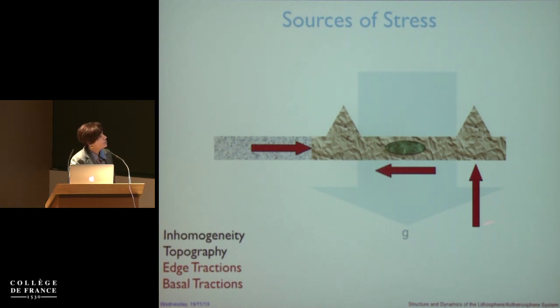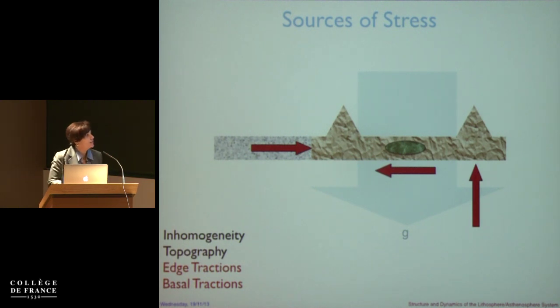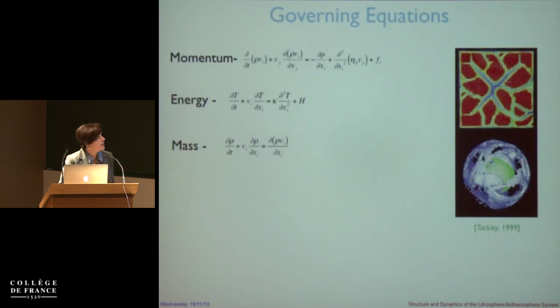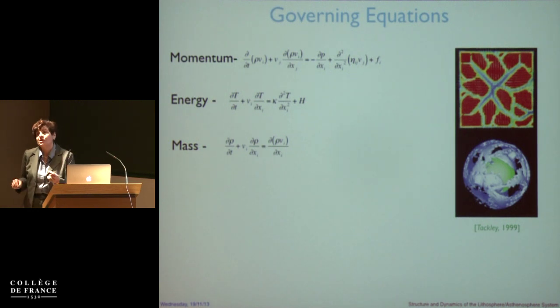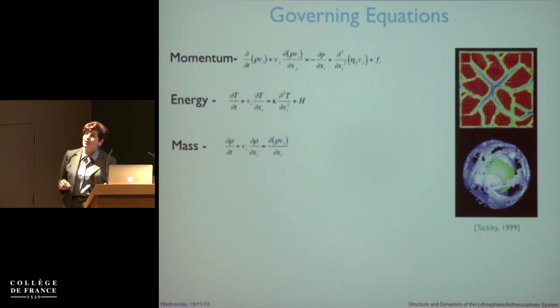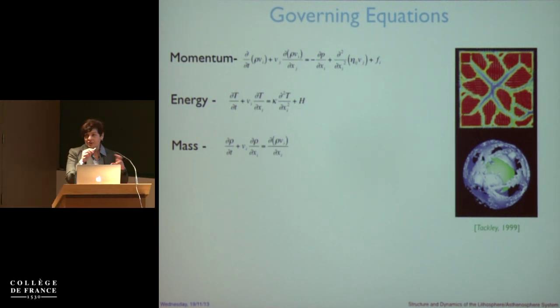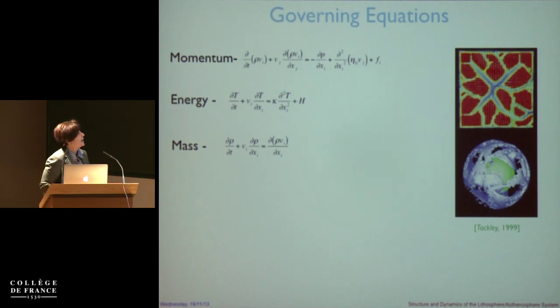I want to extend this a little and look at some of these inhomogeneities, what they cause, focus on Africa, and also look at the mantle flow. Nicola showed that we have to compute the mantle flow to get plate tectonics, and I just want to mention what the governing equations may be, to reinforce a point he made with much more flair, which was the egg with the all broken egg.